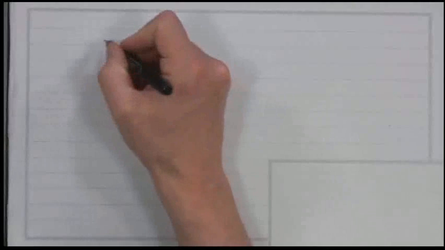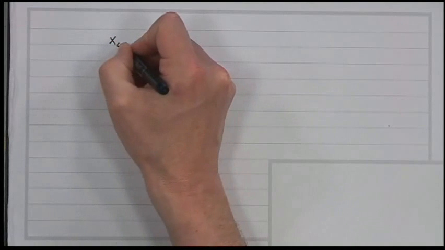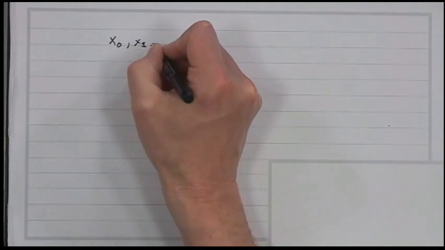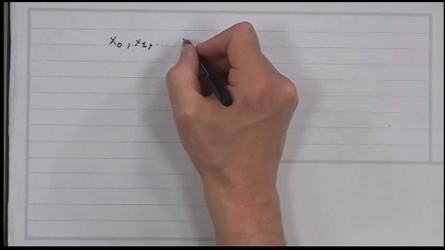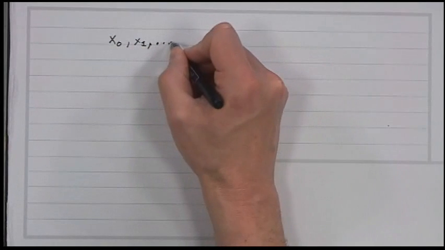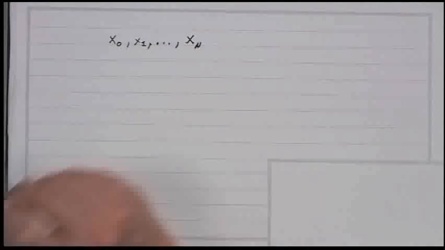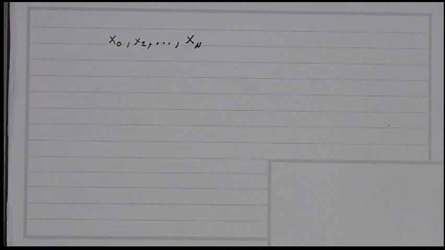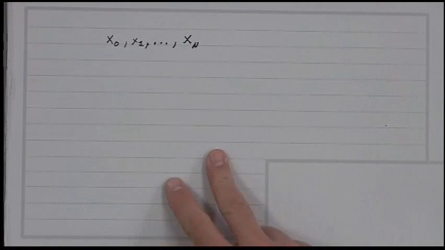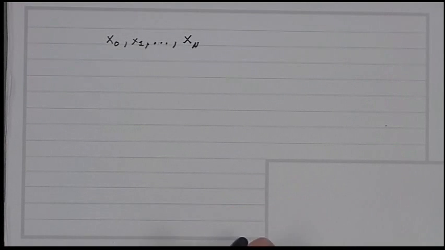So it looks like x0, x1, it goes on, this is xn, okay?